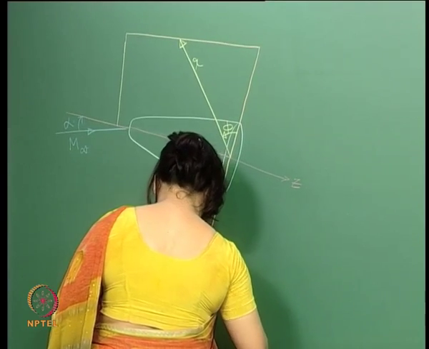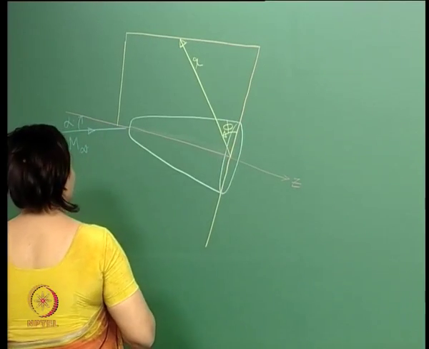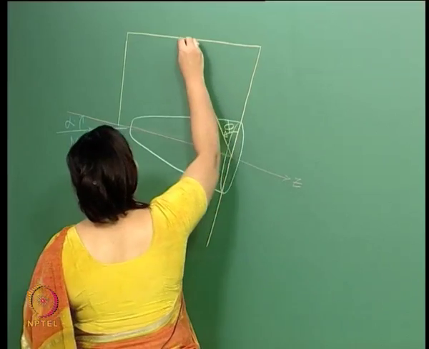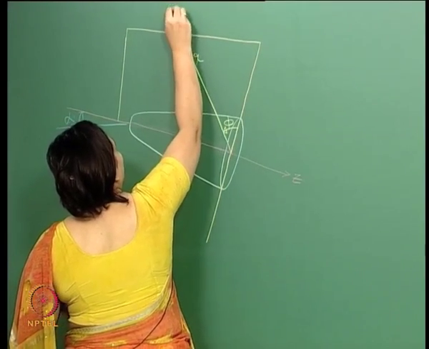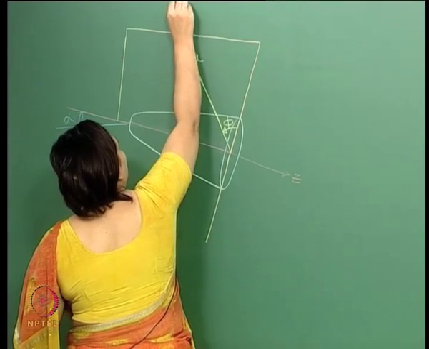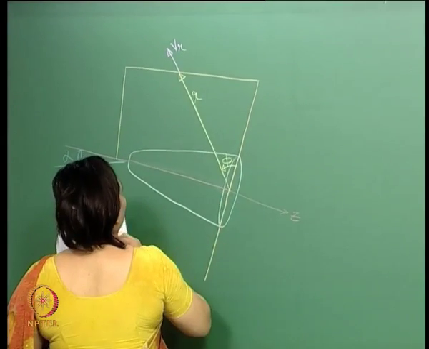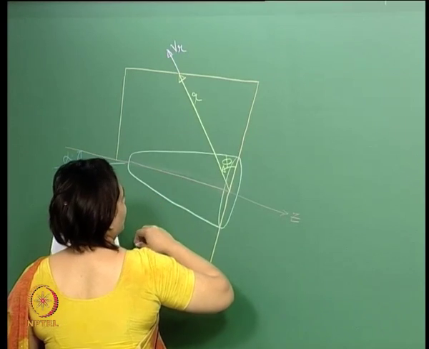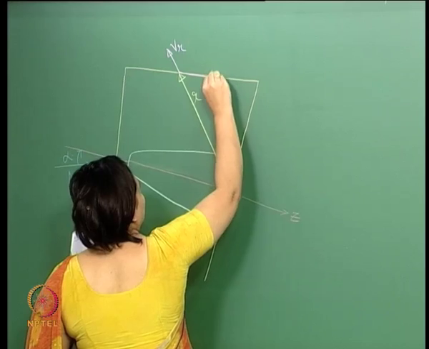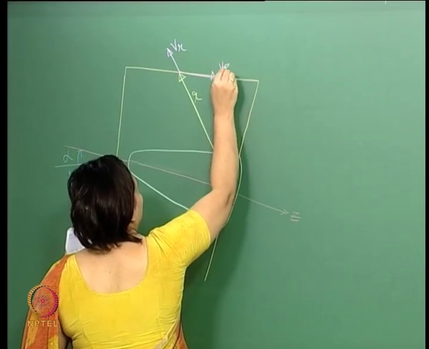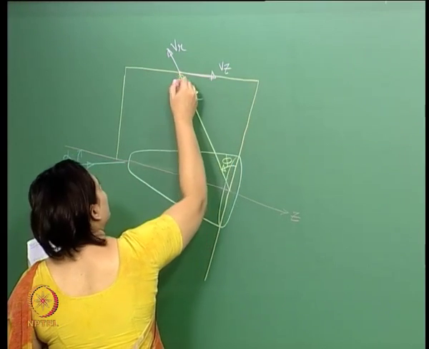Let us draw some velocity vectors here. If I were to look at this point in space, this would be VR in this direction, and this would be VC.